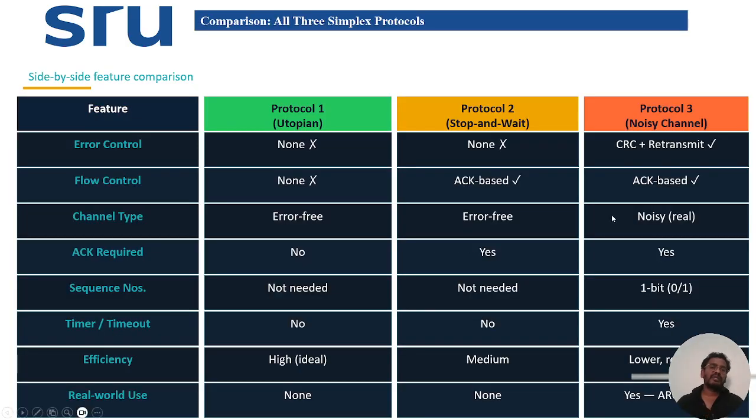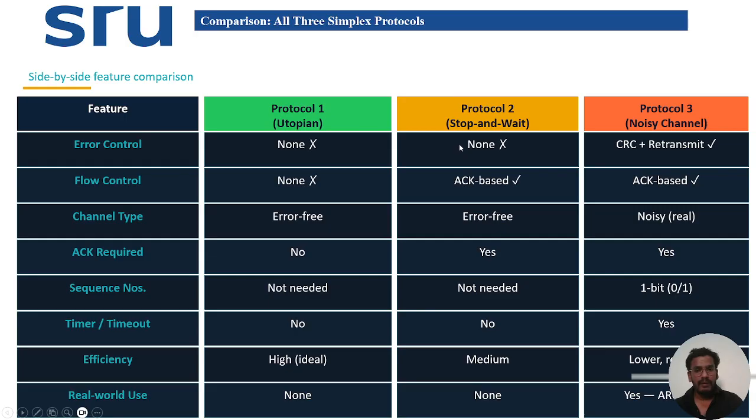So coming to the comparison of simplex protocols, we already discussed the unidirectional or unrestricted protocol, which is a one-way communication method, then the stop and wait method and the noisy channel method. In the first protocol, error control is not possible because it is one-way communication and no acknowledgement is received from the receiver side.